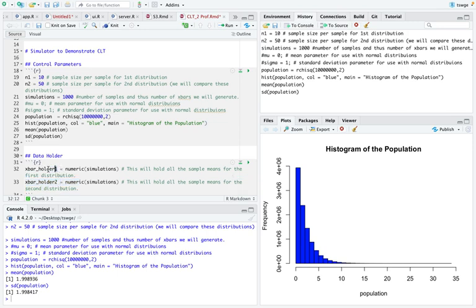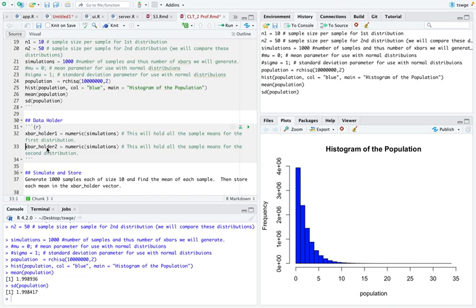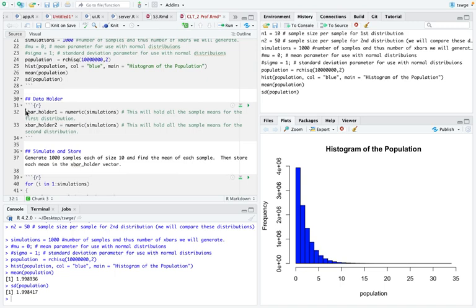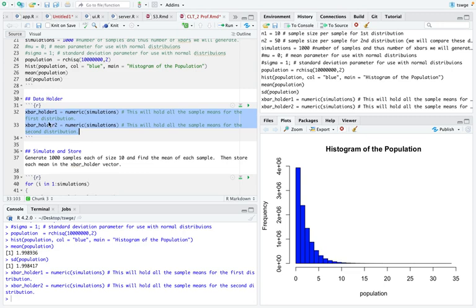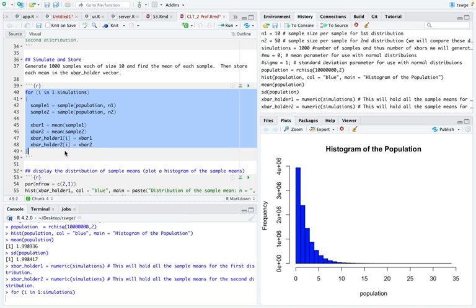So these will hold the 1,000 sample means of size 10, and these will hold the 1,000 sample means of size 50. Okay, so we'll create those. Now those holders exist. And this is going to take a little time, so we'll discuss what this is doing while it's moving.